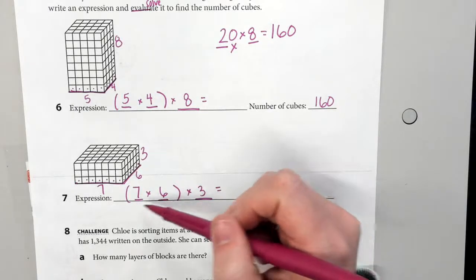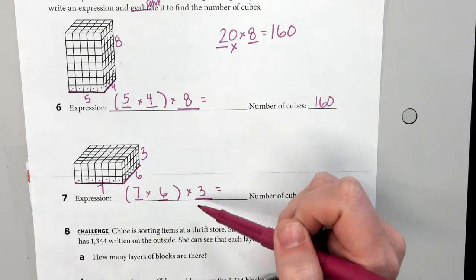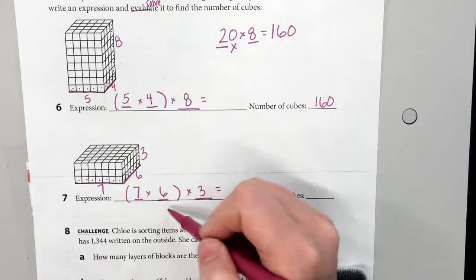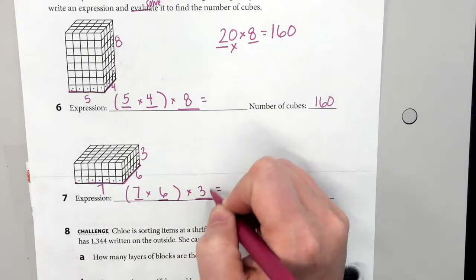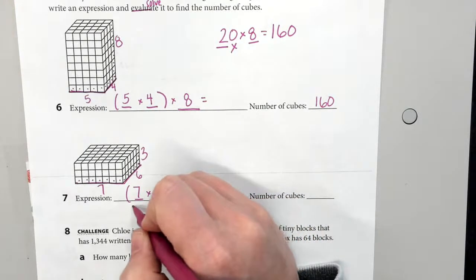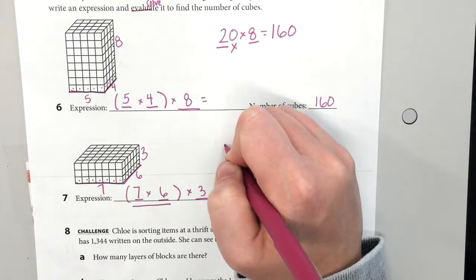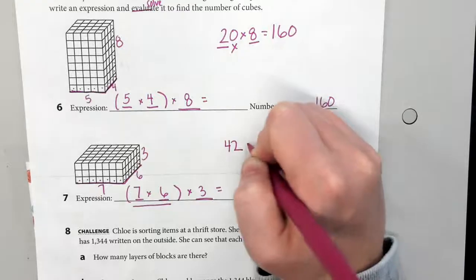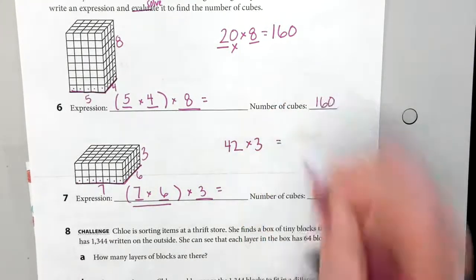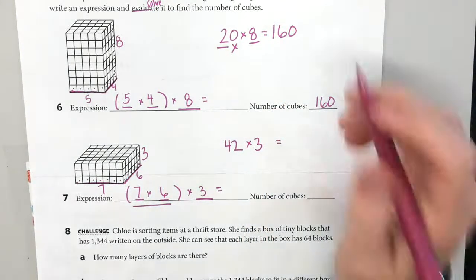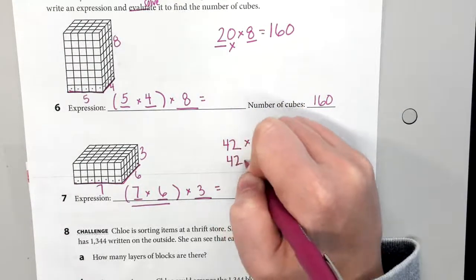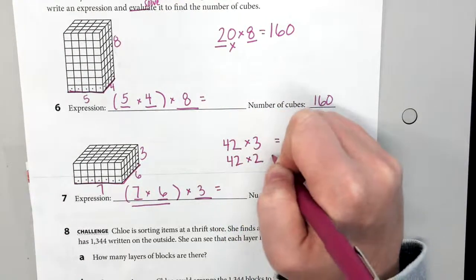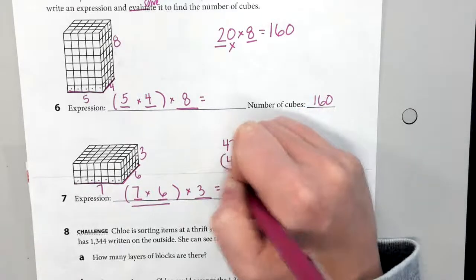I can go any order that I want. I think I really still like solving in parentheses first for this one. I think it'll be easy enough because taking any number times 3 is pretty easy. 7 times 6 is 42. So now I'm thinking 42 times 3. So first I'm going to think of 42 doubled, and then I'm going to add another group.